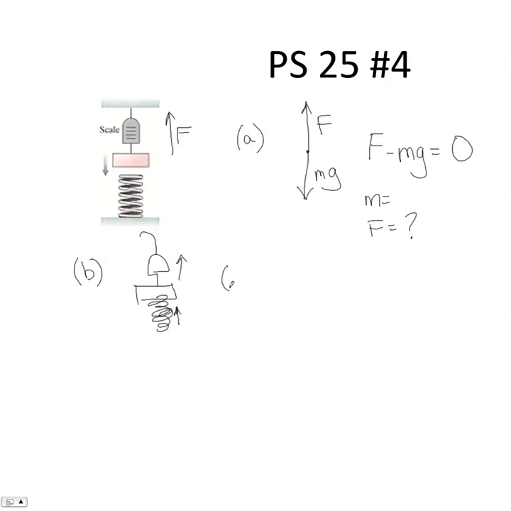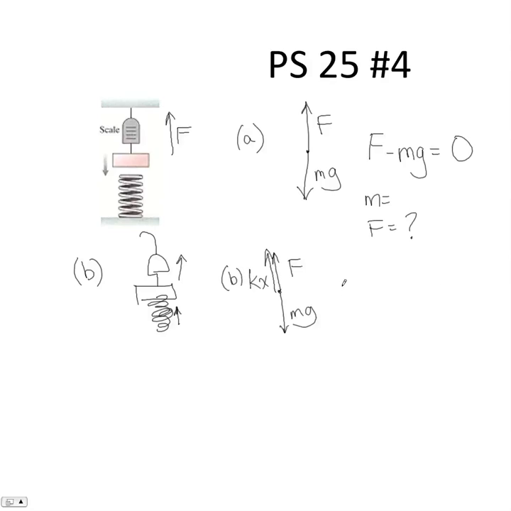So when I draw the free body diagram for this, part B, I do mg pointing down, the spring scale pushing up, I'm still going to call that F, even though it's going to be a different number now, and then the spring pushing up, and I'm going to call that Kx, because it's a spring, and so its force is equal to Kx.